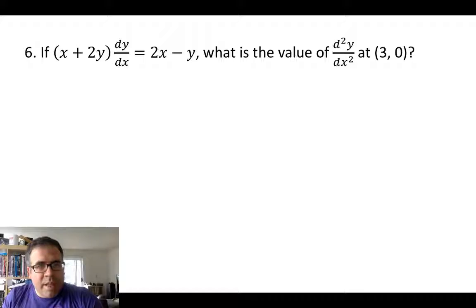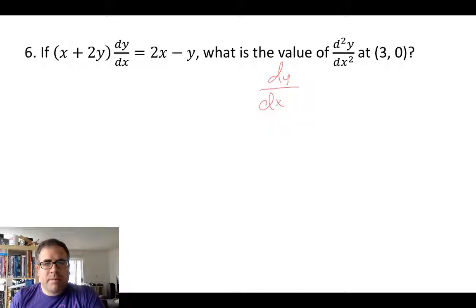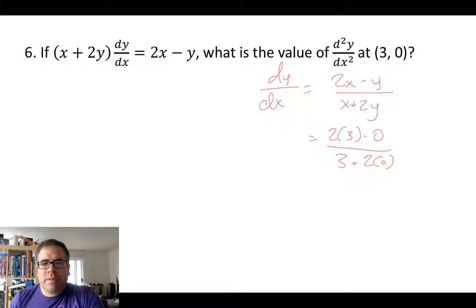All right, the first thing we're going to do is note that dy dx is (2x minus y) over (x plus 2y), which if you plug in (3, 0), is 2 times 3 minus 0 over 3 plus 2 times 0, which is just 2.